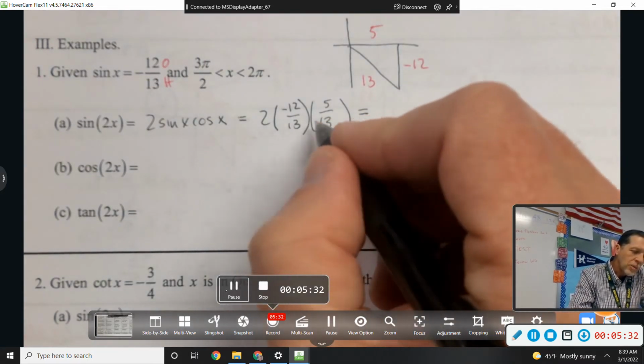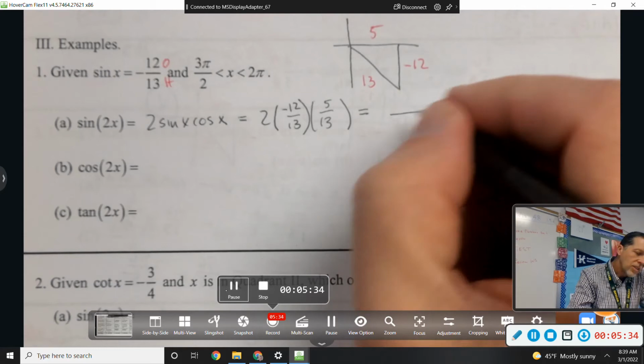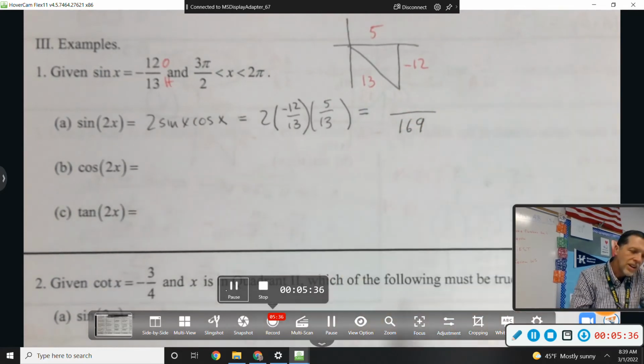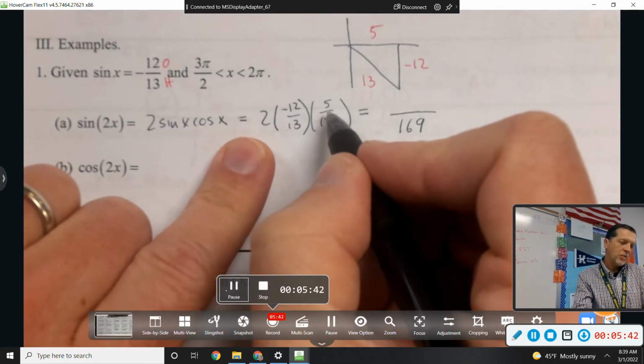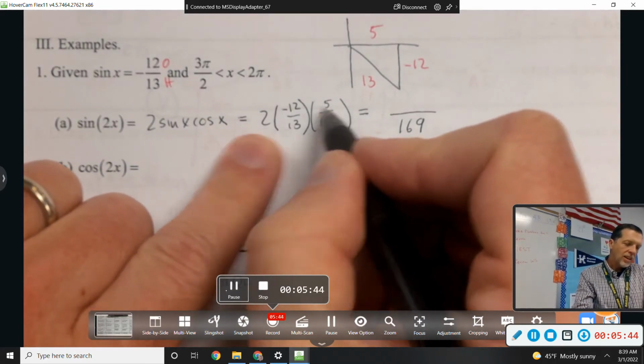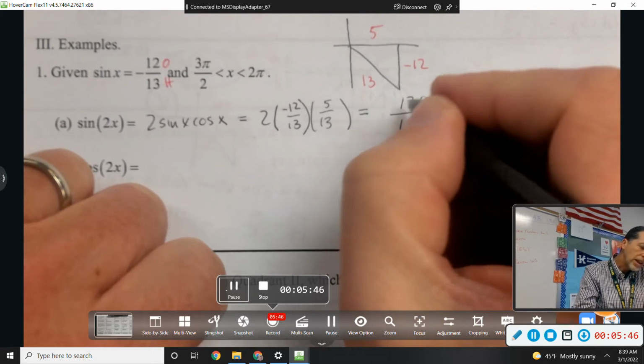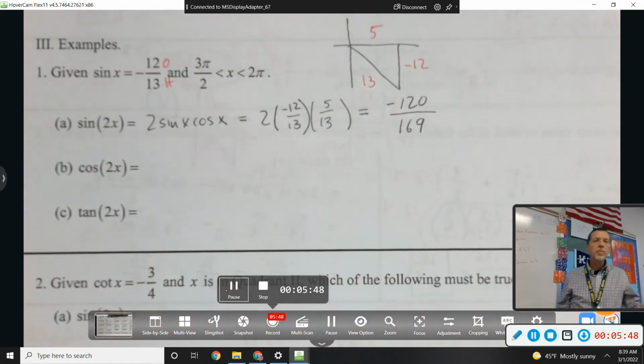And a little bit of work here. 13 times 13 is 169. Multiply on the top. Let's do 2 times 5 first, because that would be easy. 10, and then 10 times 12 is 120. Rather than doing 24 times 5.